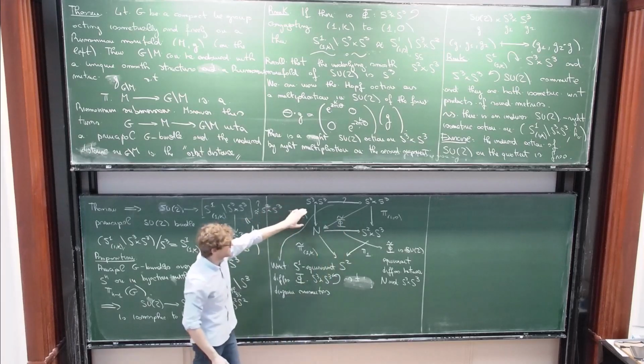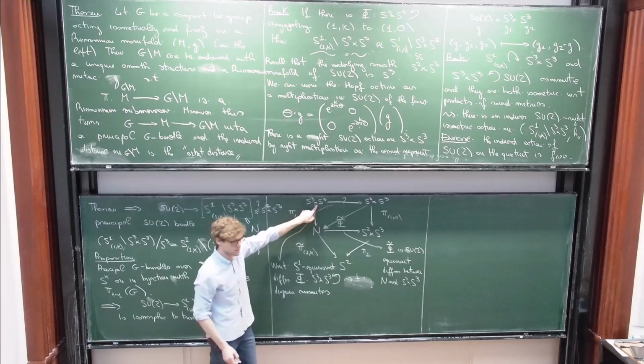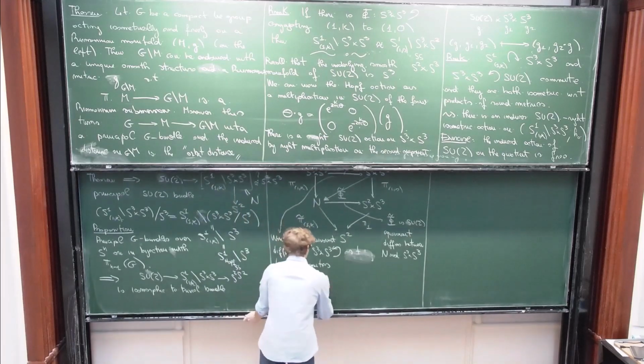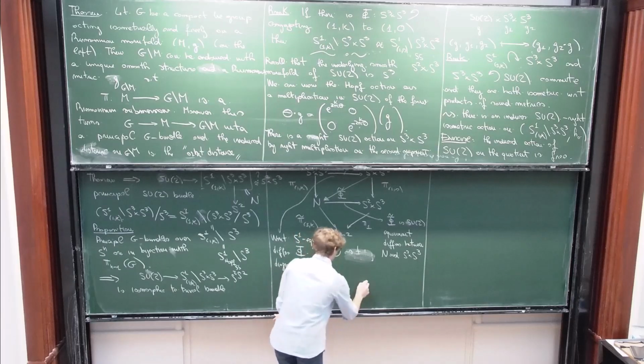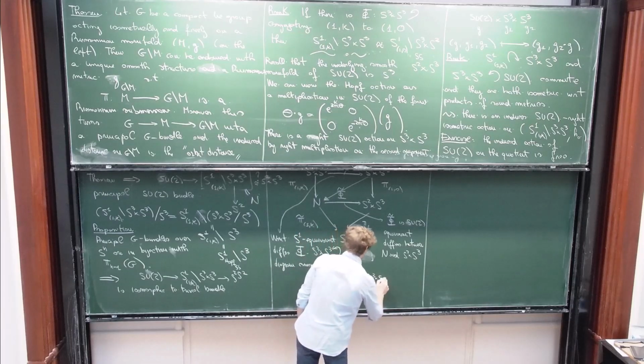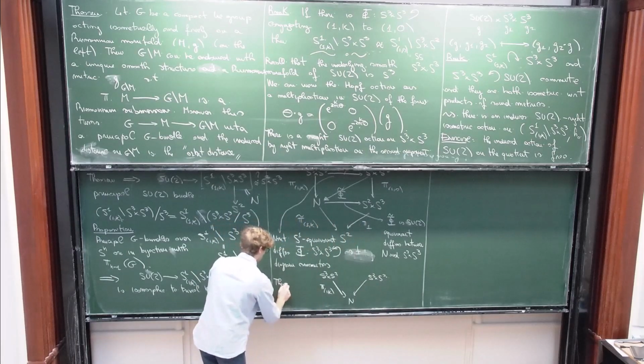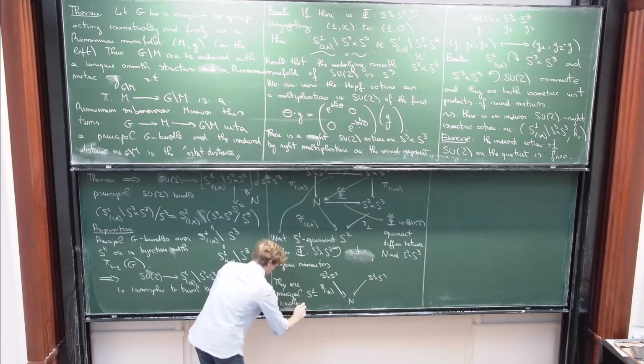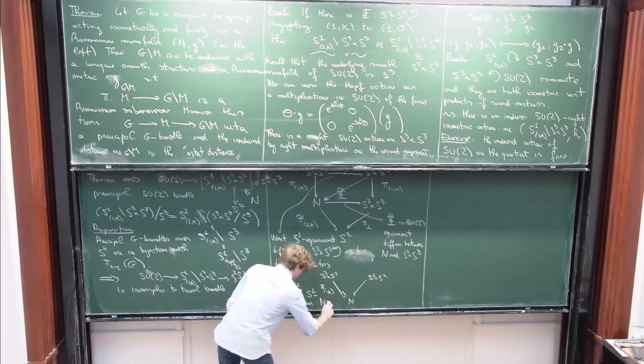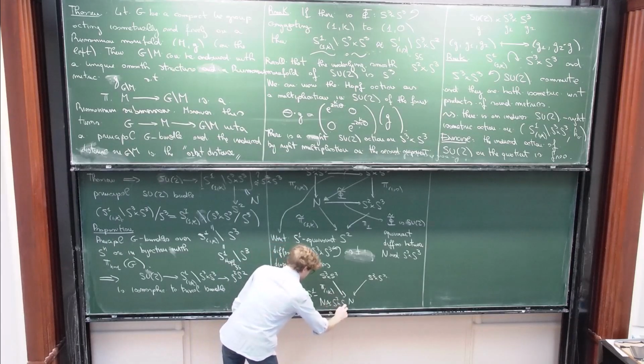Now I'm getting two principal S1 bundles, S3 times S3 with the 10 action and with the 1k action, over N, which is diffeomorphic to S2 times S3.